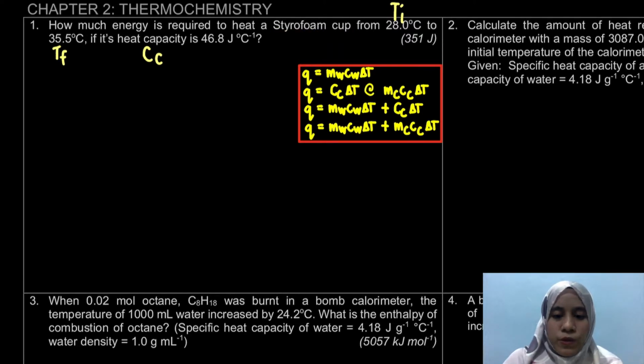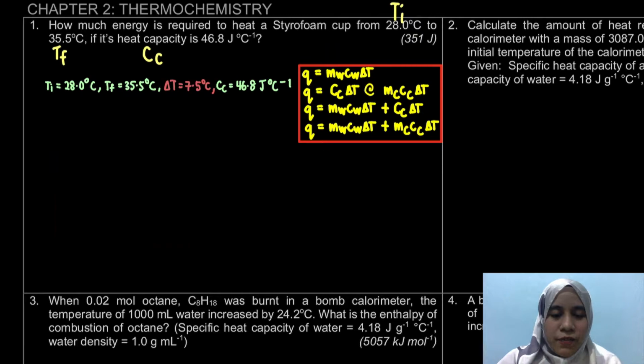So we will use Q equal to CAT and substitute the value. But before that, I'm going to extract the information first. From here we know this is my delta T, where for delta T it must be final minus initial, because for this case we will always take it as a positive value.